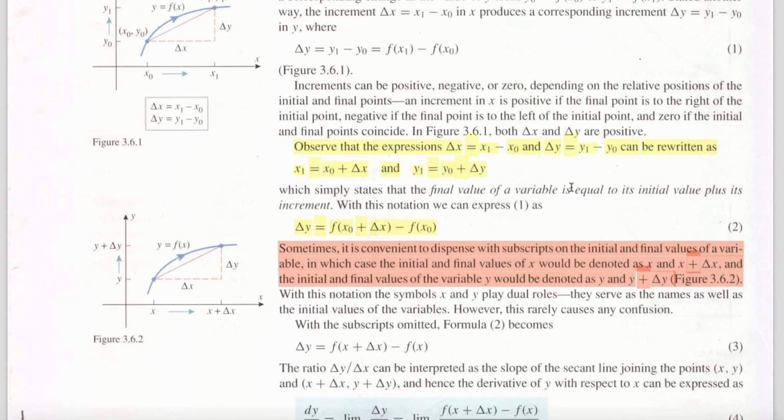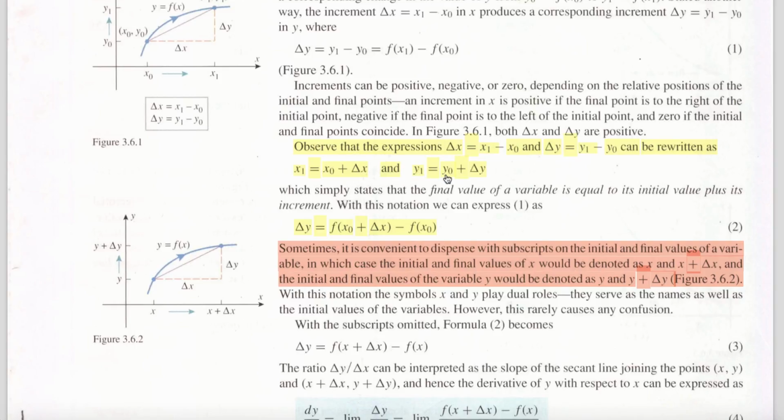So if we observe the expressions delta x is equal to x1 minus x naught, and delta y is equal to y1 minus y naught, notice we can change this to represent an update. In other words, x1 is an update of x naught. You take x naught and you simply add the change, and you've updated, and you've gotten x1. Same thing with y.